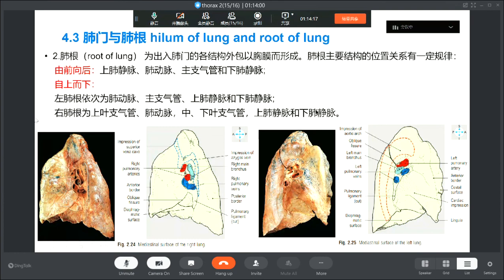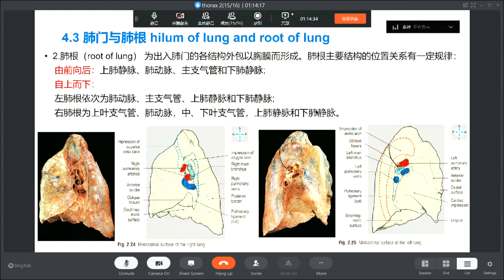The root of the lung. This picture shows the mediastinal surface of the right lung.